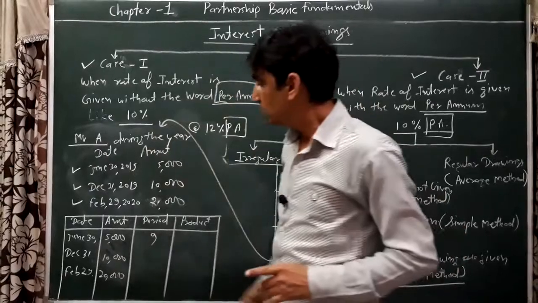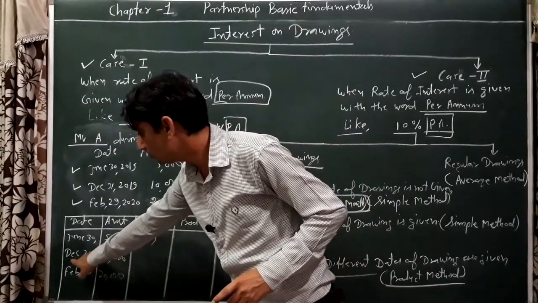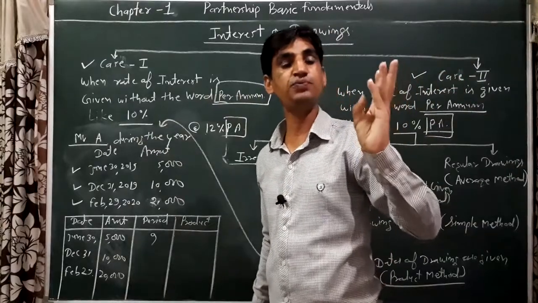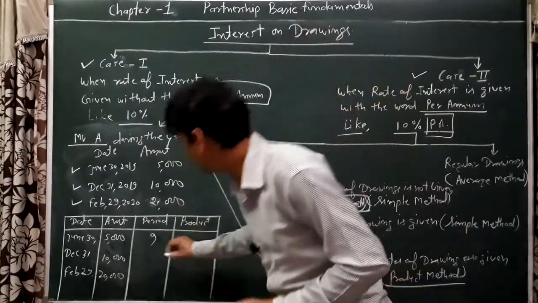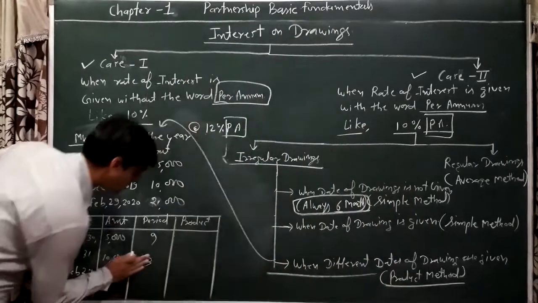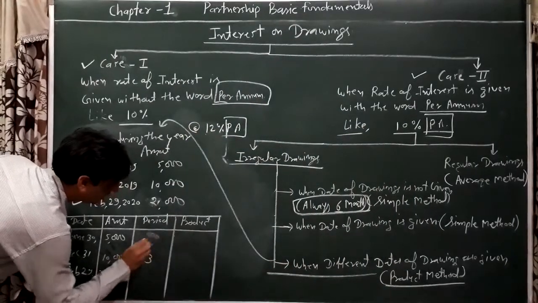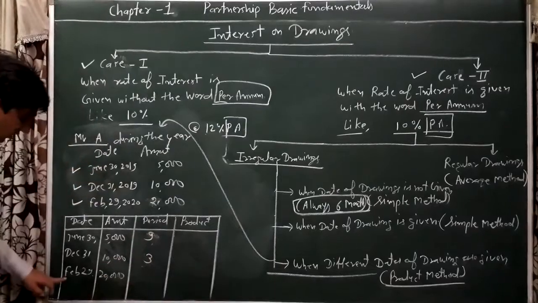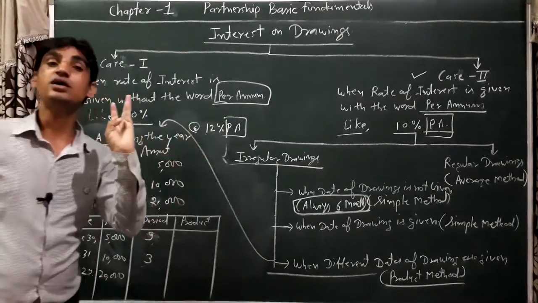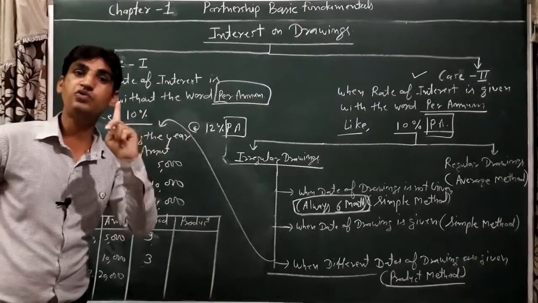Is it clear? The next amount, he withdrew on 31st December. December month is already over. January, February, and March. The amount is used for 3 months. And Feb 29. February is now over, and March is only 1 month.